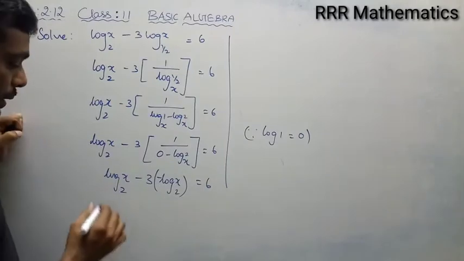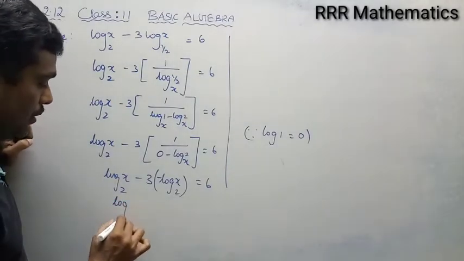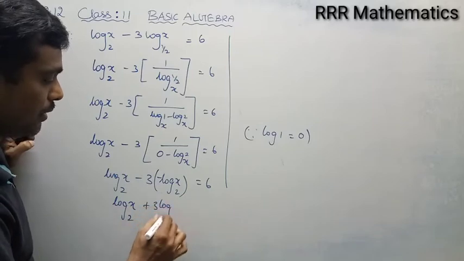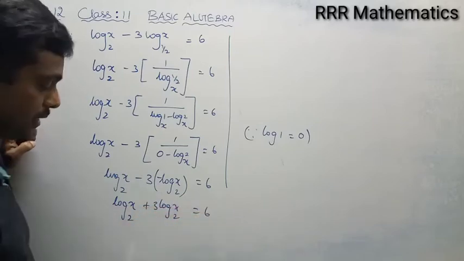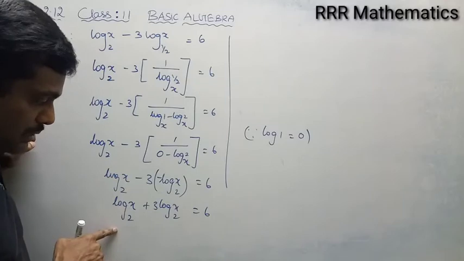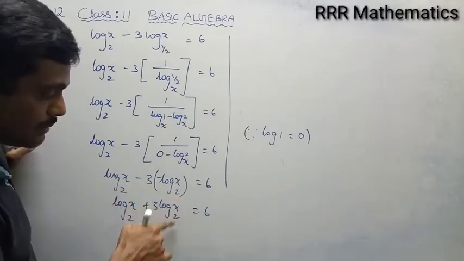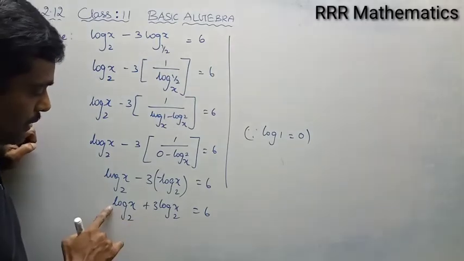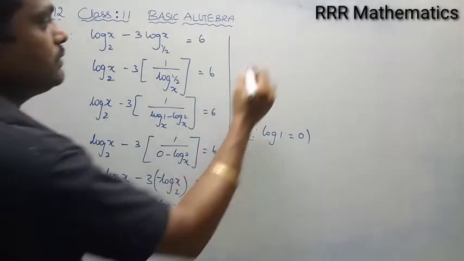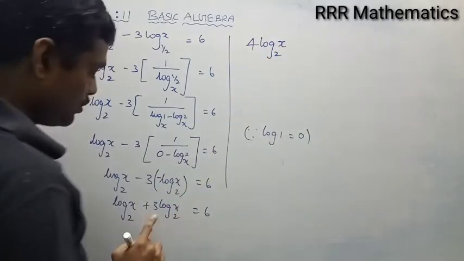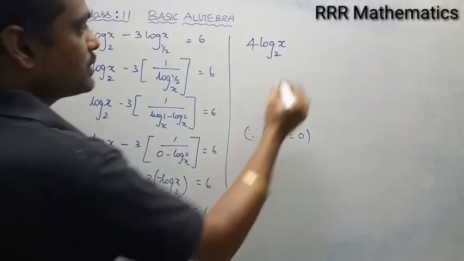When you multiply minus into minus, it is plus 3 times log x base 2. Both are like terms. 1 log x plus 3 log x gives 4 times log x base 2.